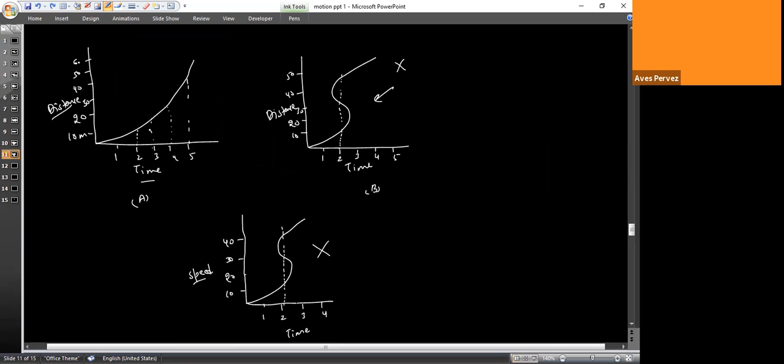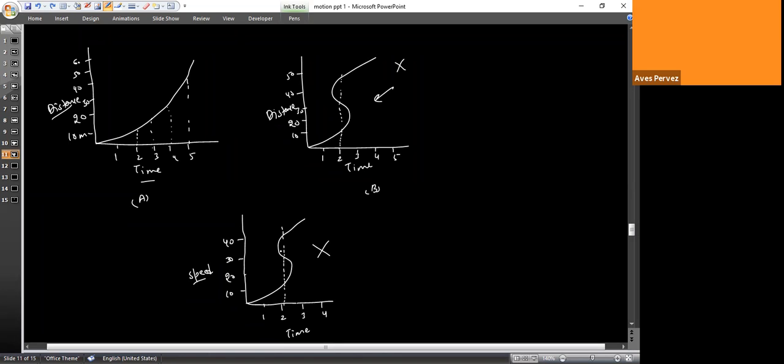The next one is an example of which graph is possible and which one is not possible. If the time axis is cutting the graph multiple times for an object, that can't happen, because only a single thing can happen at a particular time. An object can have a single speed and a single distance at a single time.